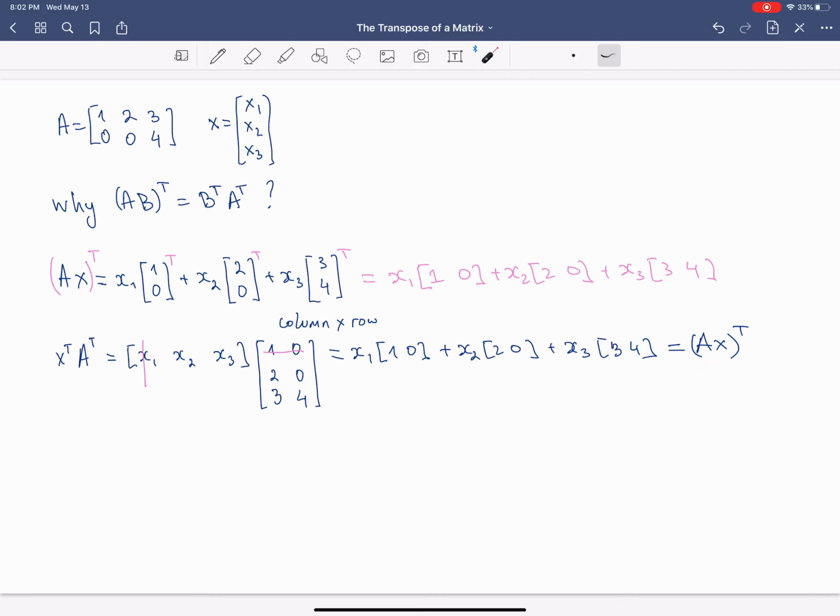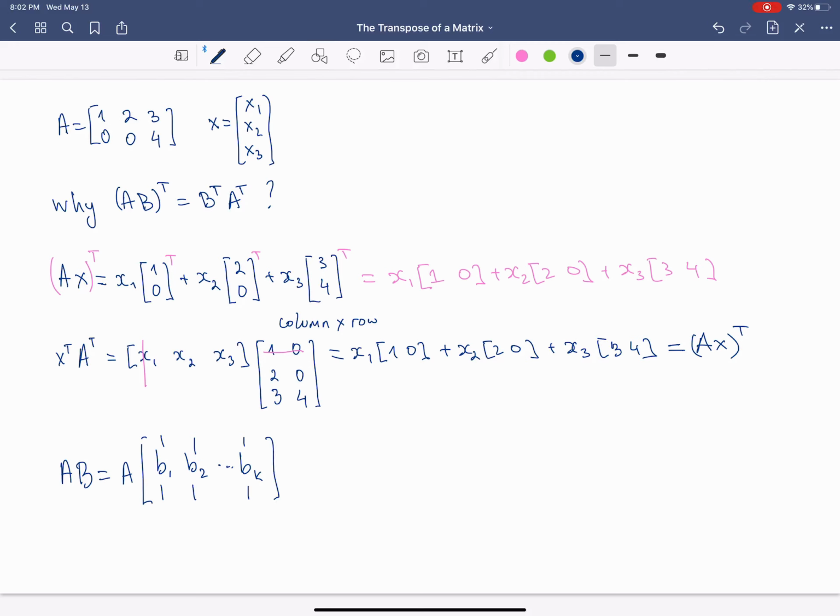Now, how can I use this intermediate step to show that (AB) transpose equals B transpose A transpose? Well, let me look at what is A times B. I can express B through its columns. So let me write here some matrix with first column B1, second column B2, and so on up to BK, whatever, assuming B has K columns.